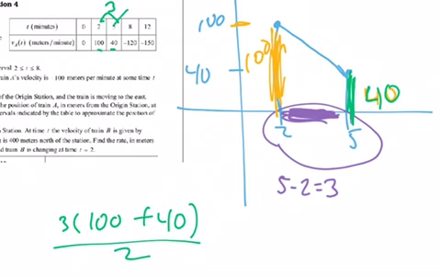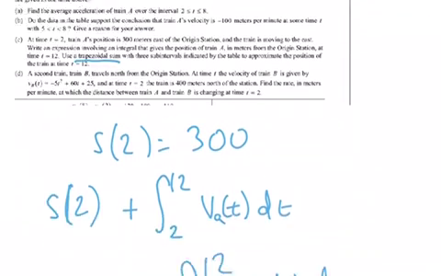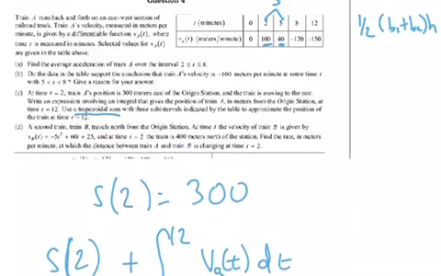So your next one is, the difference here is 3, base 1 is 40, base 2 is negative 120, divided by 2. And we just keep adding across. When we draw this, it actually becomes a little tricky, so I'm going to avoid that and just follow this formula. Let's go back and rewrite what we just did.